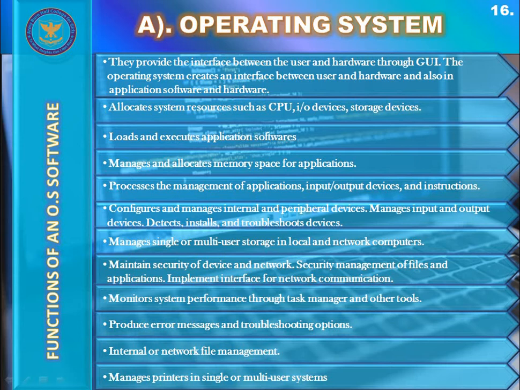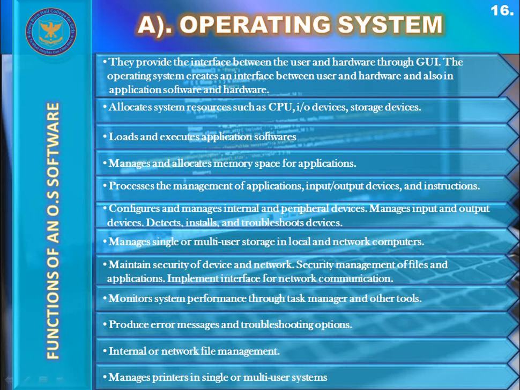Operating system provides the interface between the user and hardware through a graphical user interface. It means the user uses some software or program, the user uses the interface options or instructions-based interface or window of an application software, and that application software or program is actually being controlled by the operating system.